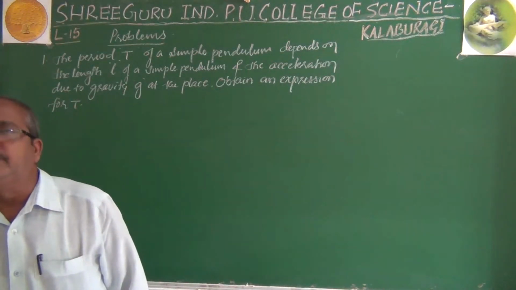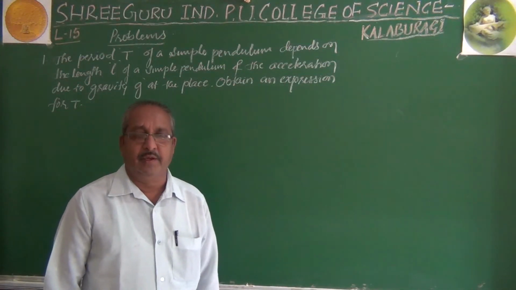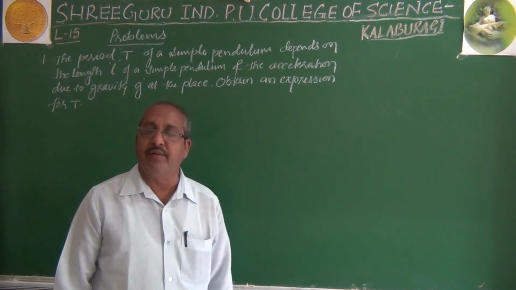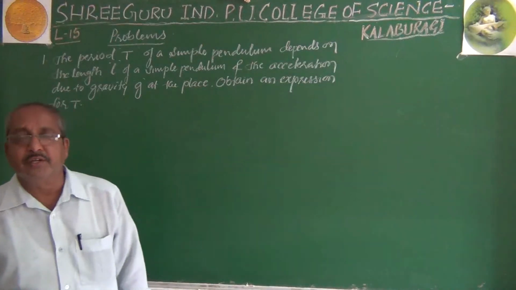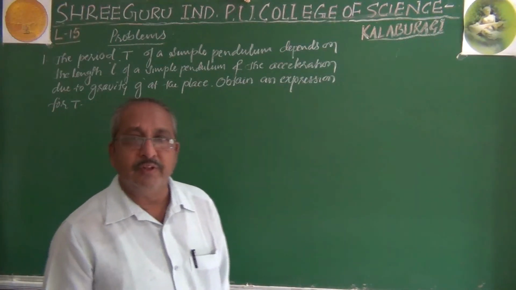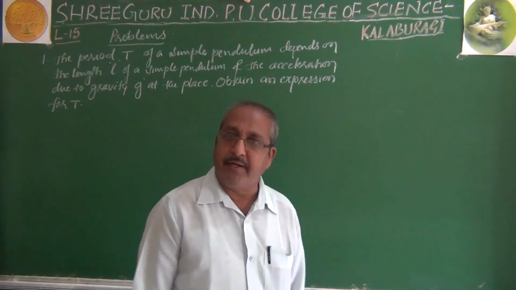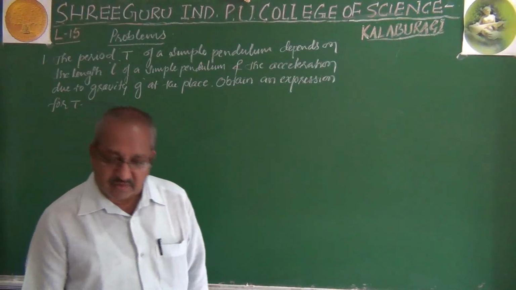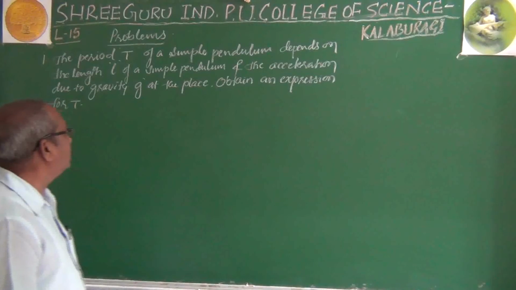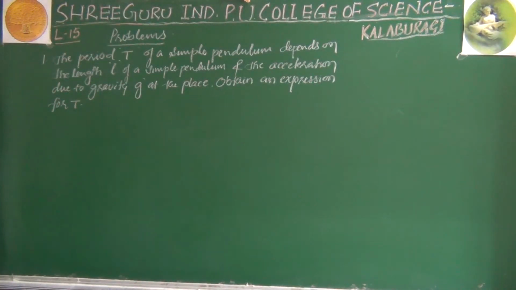As I gave uses of dimensional analysis, one of the uses is to find the relation between one physical quantity and another, and how they are related, and that we are going to determine. For that, here we are going to do a few numericals, a few problems.